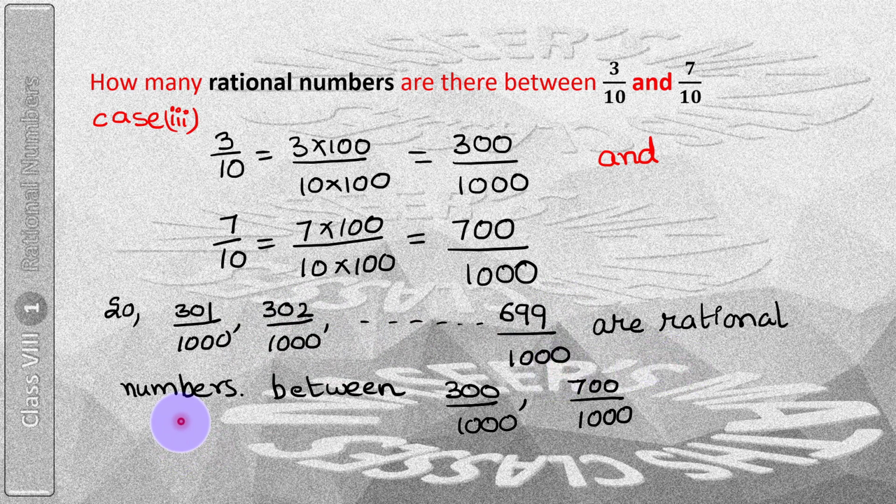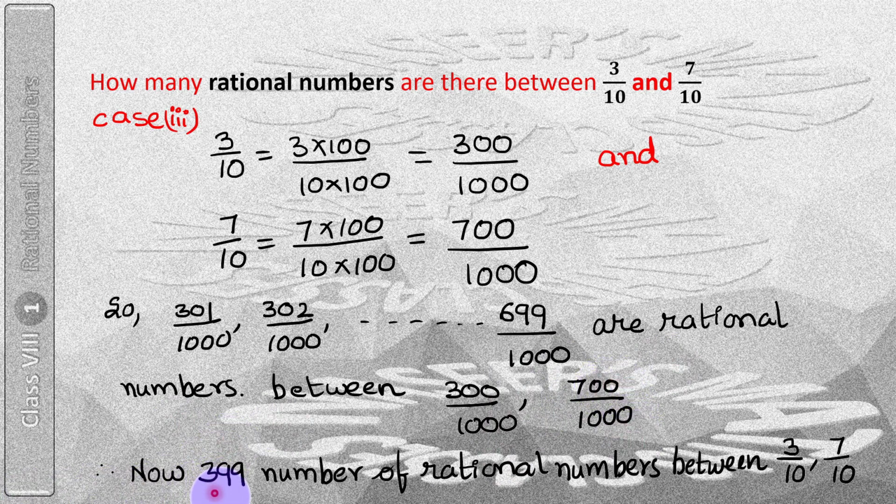These are the rational numbers between 300 by 1000 and 700 by 1000. So there are 399 rational numbers between 3 by 10 and 7 by 10.